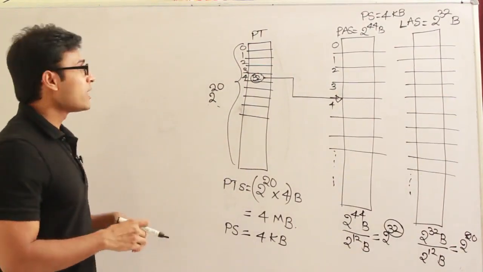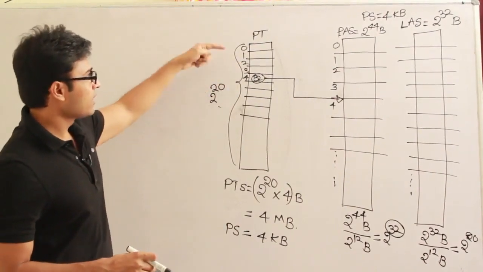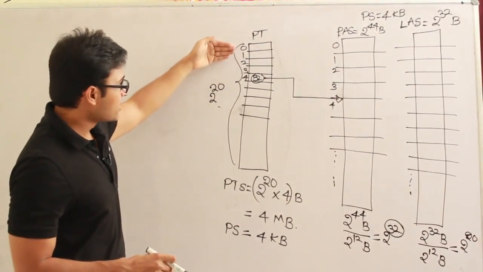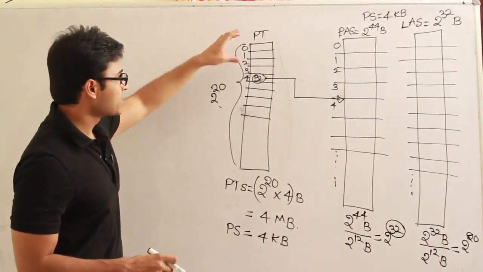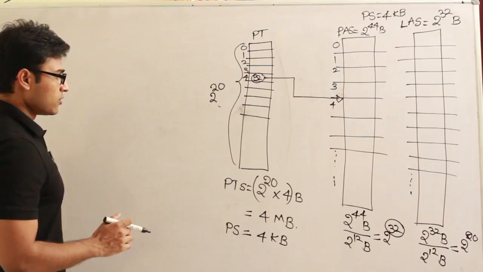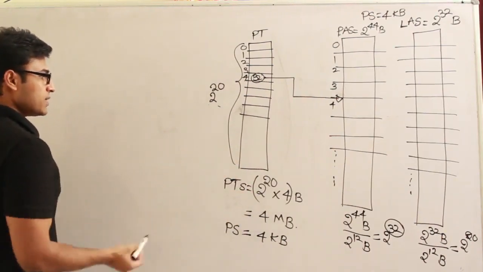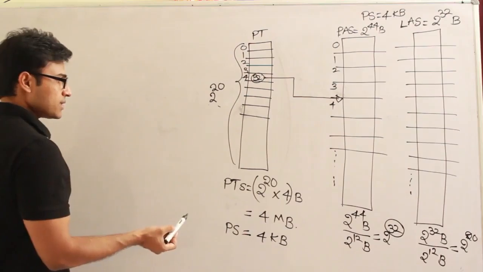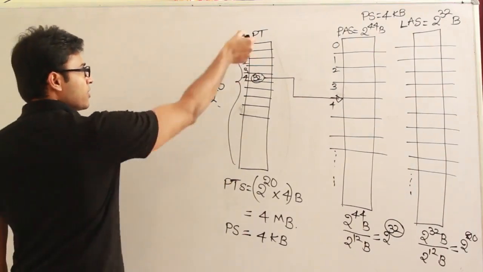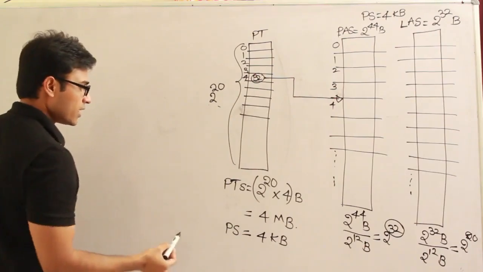Getting this? Now again, this page table has to be divided into many pages in such a way that each page can sit in one frame. Then what I do is, I'll try to divide this entire page table into pages. Then how many pages can this page table be divided into?